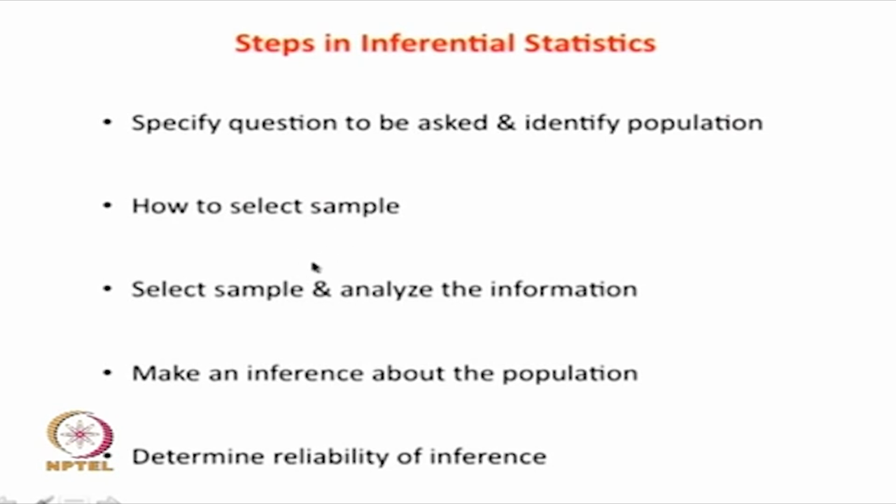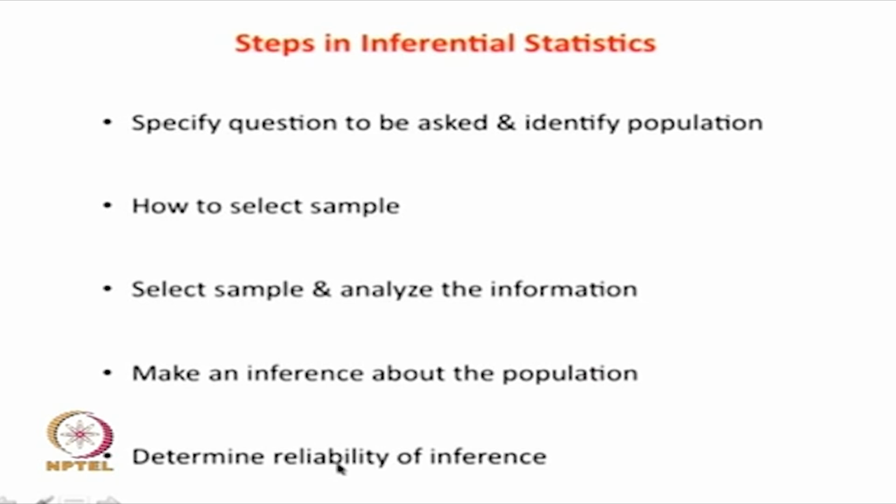Once you select the sample, you ask the relevant questions in a questionnaire and analyze the responses given by boys and girls. Based on that, you make an inference that you can apply to the whole population of teenagers, and finally you determine the reliability of the inference.